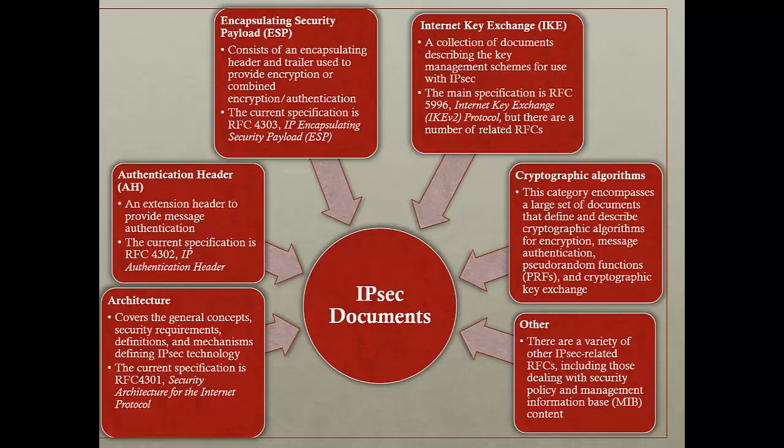We do not discuss AH in this chapter. Encapsulating Security Payload, ESP, consists of an encapsulating header and trailer used to provide encryption or combined encryption and authentication. The current spec is RFC 4303, IP Encapsulating Security Payload, ESP.